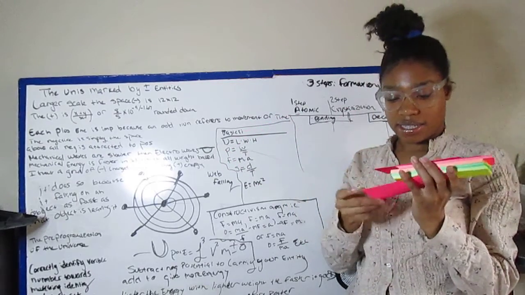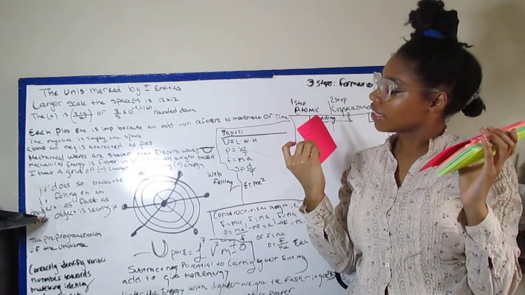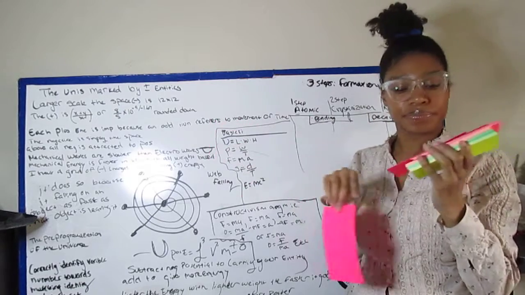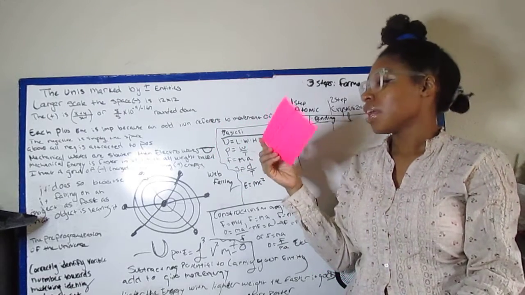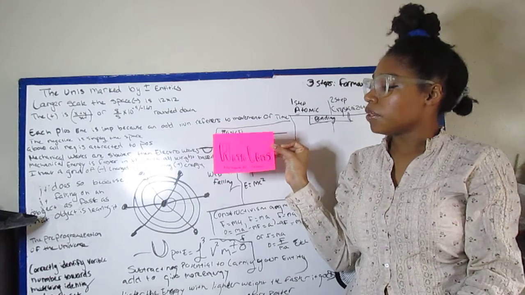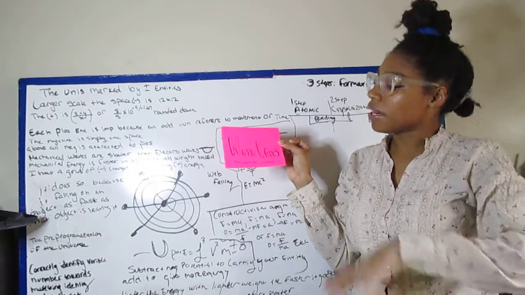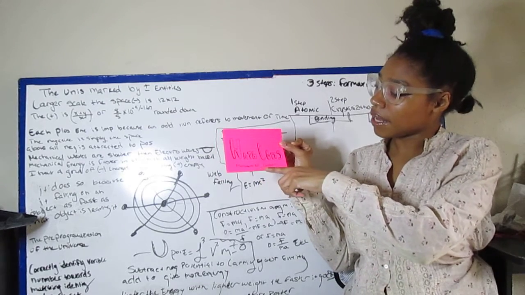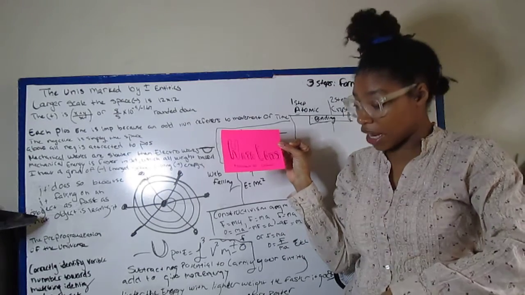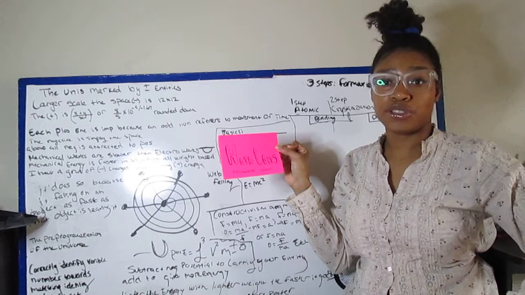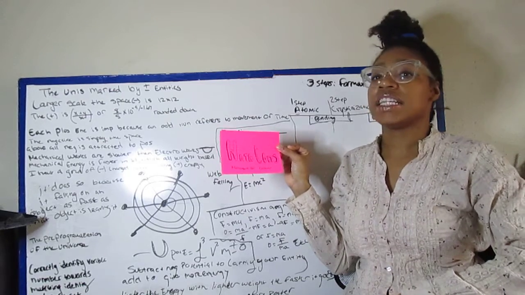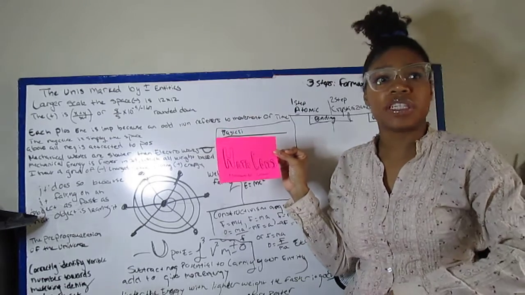You take your first part of it, label it, and then at the bottom you write the word out, and then you write it in its numerical form if it has one. If it doesn't, then you just move on.